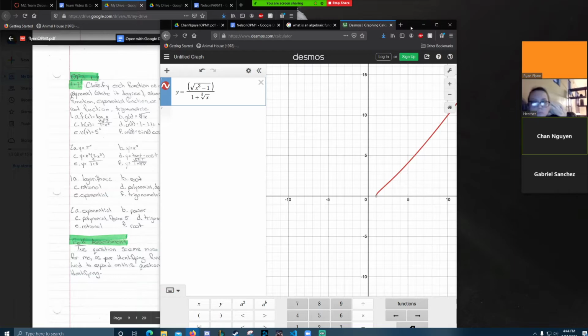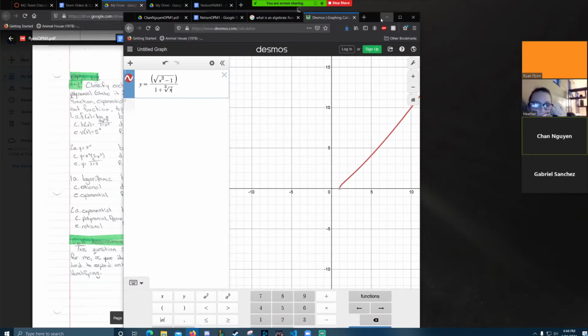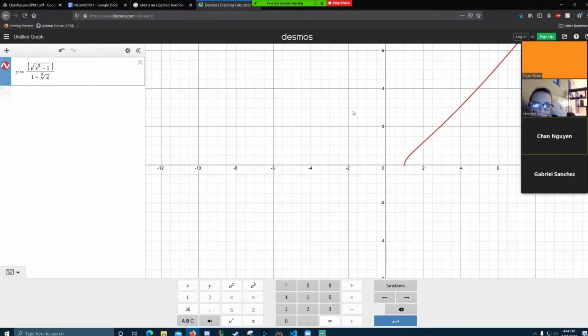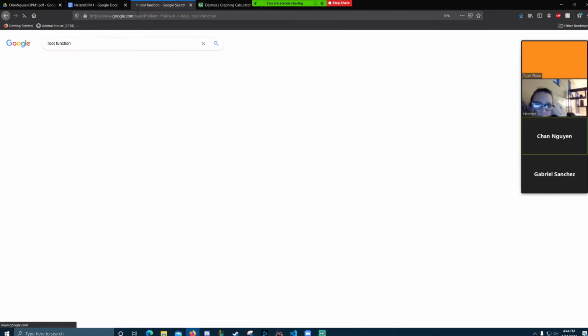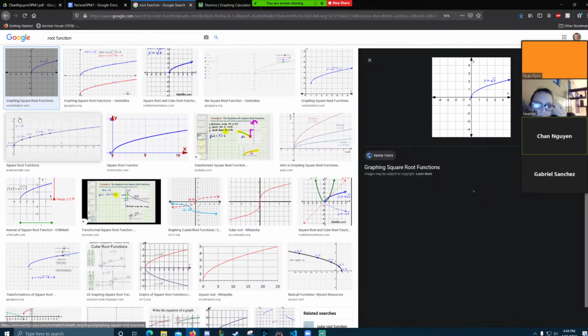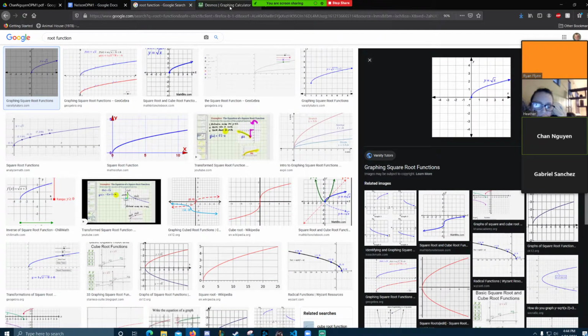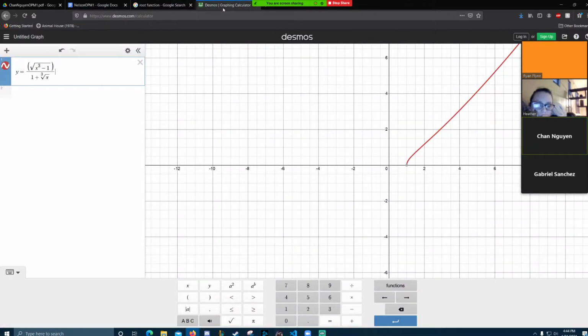So it looks to me like this is a root function since it's not going negative. And if we look up what a root function is, it pretty much lines up with the graph here. To me, an algebraic equation would also split off negatively, but there can't be a negative y value for this. That's why.